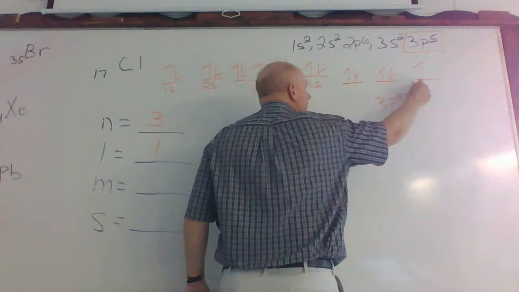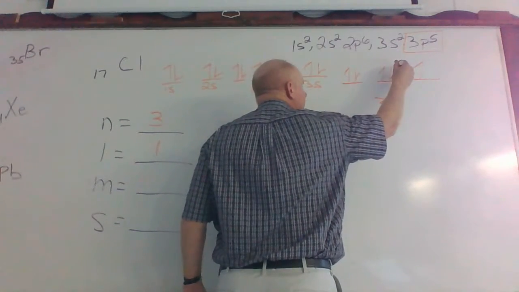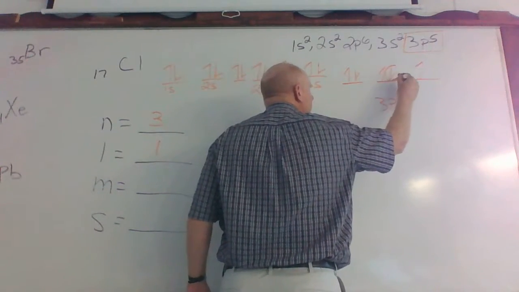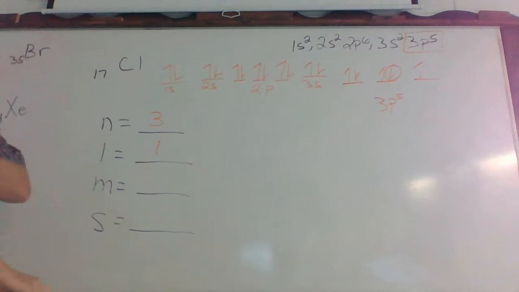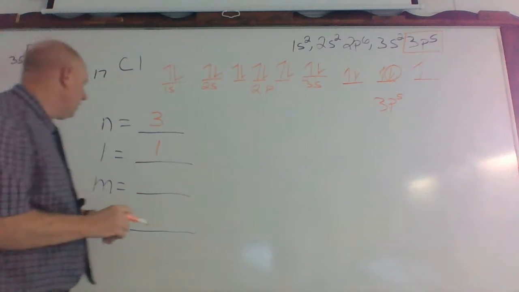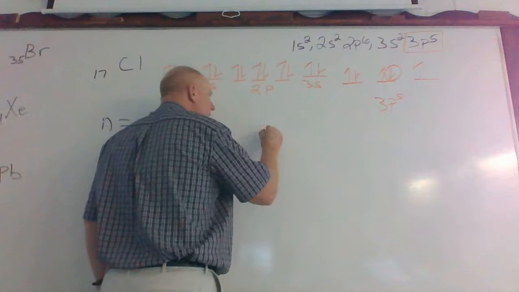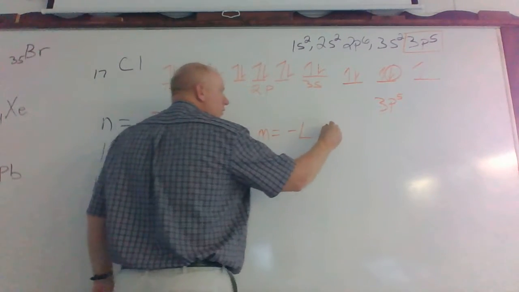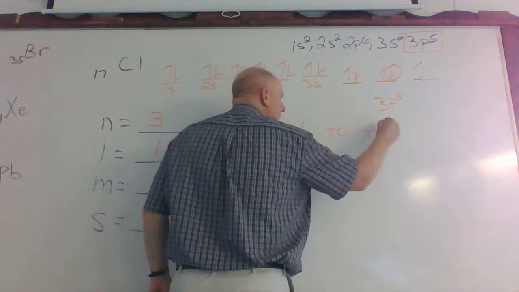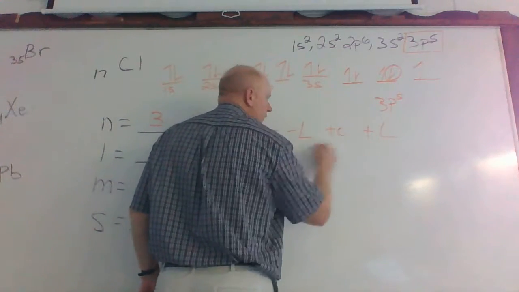2, 4, and 5. This is the last electron that we're concerned about right there. Okay? So, how we deal with that is M equals a value of negative L to positive L. I'm putting capital letters here.